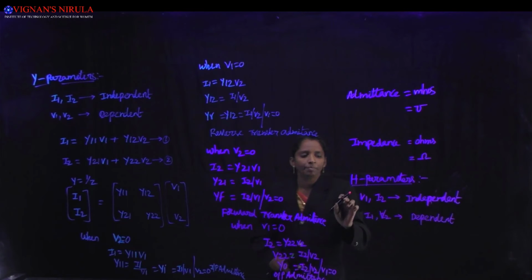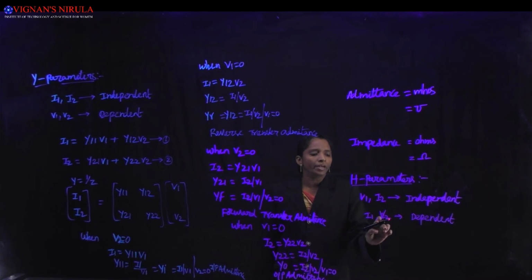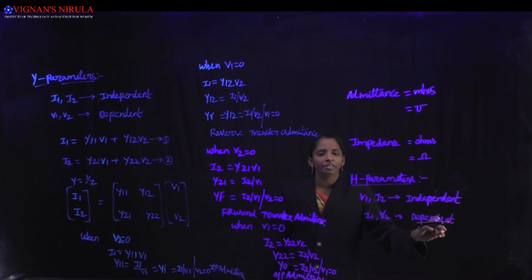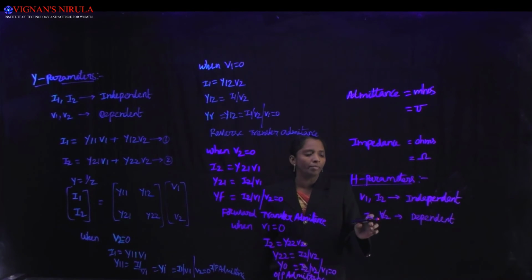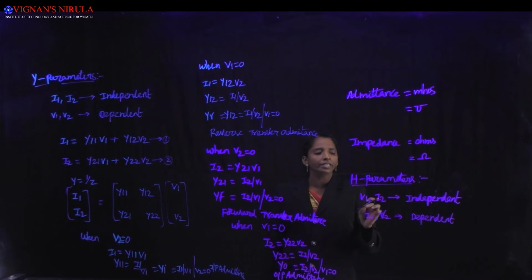So in Z parameters, V1 and V2 are independent and I1 and I2 are dependent. In Y parameters, I1 and I2 are independent and V1 and V2 are dependent. But in the H parameters, both voltage and current are independent, and voltage and current are dependent.